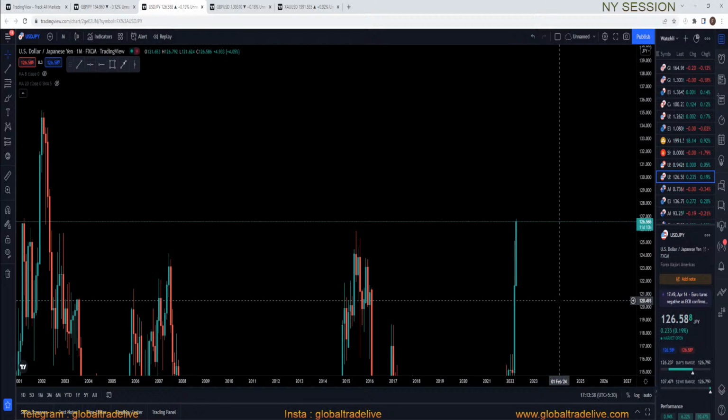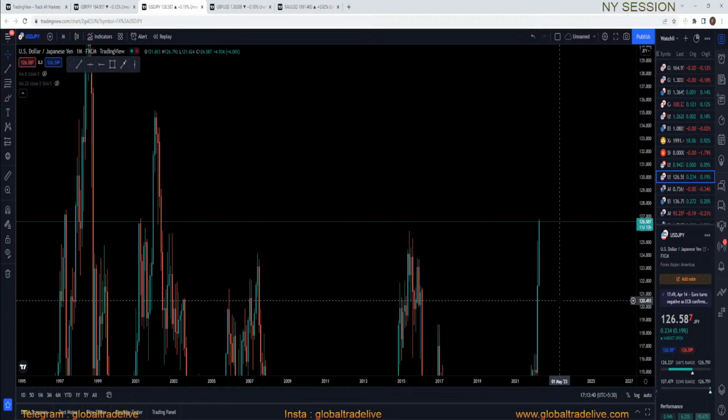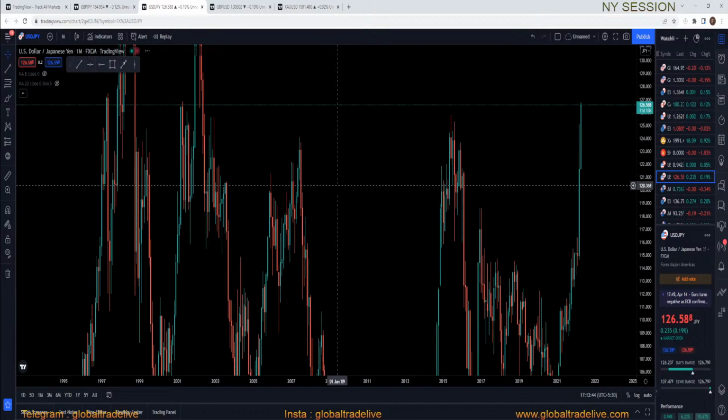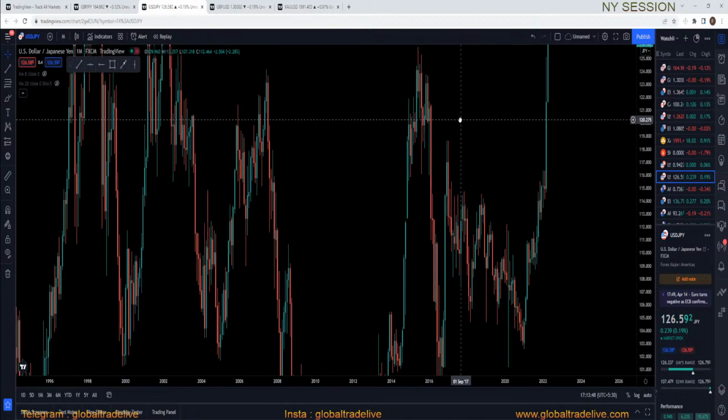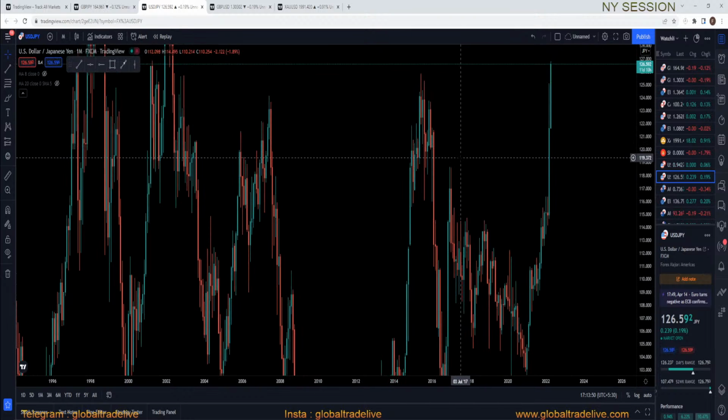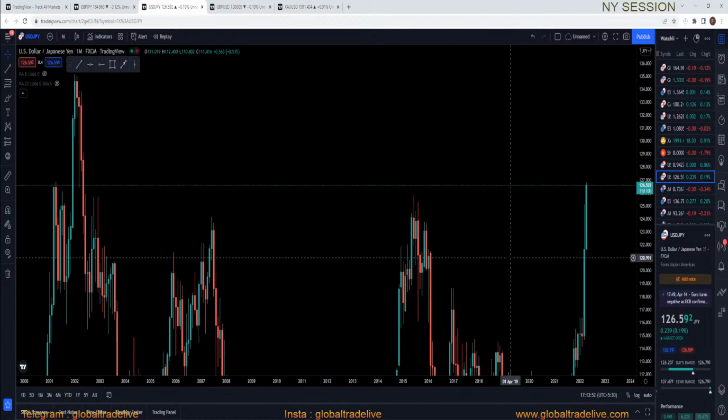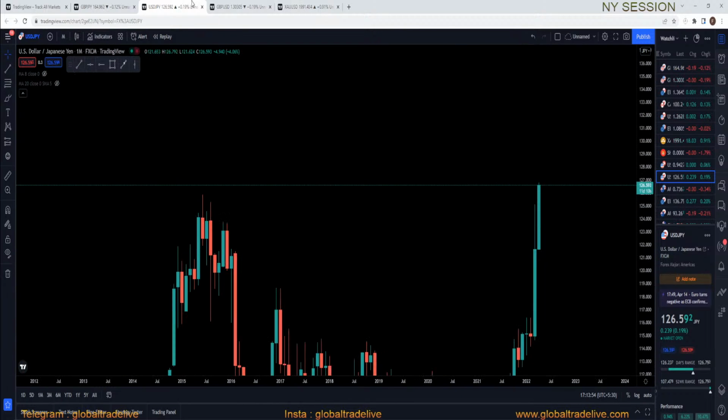USD JPY is just unstoppable right now. It's totally unstoppable, because the way USD JPY is moving, I am really amazed. It's not coming down, it's just going up and up and up.